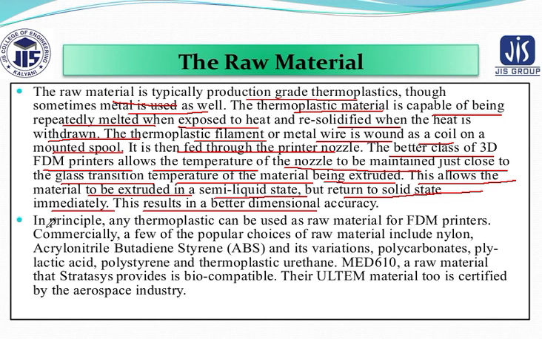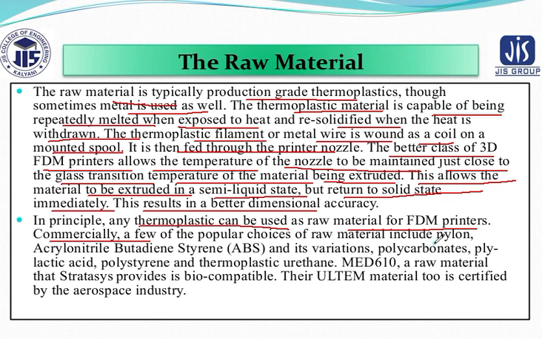Now if you look at the common principle of this particular thing, then I must say any thermoplastic can be used as raw material for FDM printers. Commercially, a few popular choices are there.